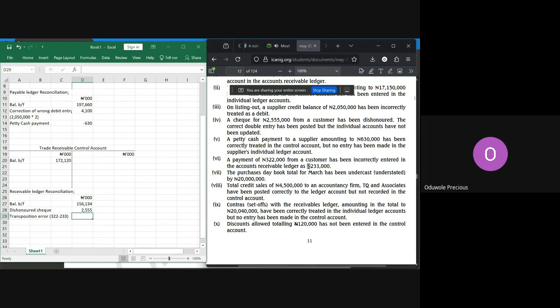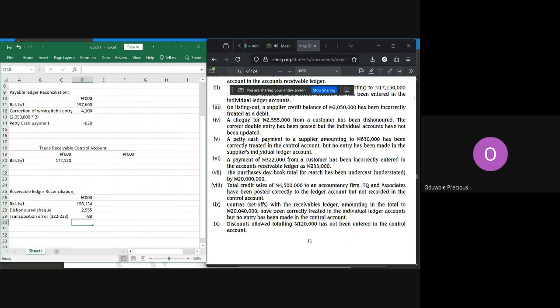It means that this 233 is the undercast figure, which means that debt was overcasted. So we have to correct it with the difference, which is 322 minus 233, that's 89. So the 89 will be minus. The reason why the 89 will be minus is because it's going to reduce our debt.